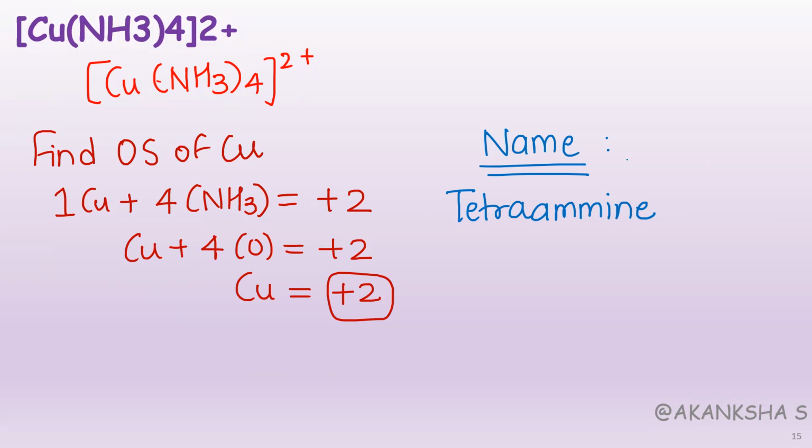Now, here you can see we have a positively charged complex, right? It's not a negatively charged complex, correct? So we are going to keep our copper as it is. It does not become cuprate. Copper(II), and if you wish, you can write iron. See, all these names come in one line. I don't have space, that's why I'm writing it down. You can write it in one line.